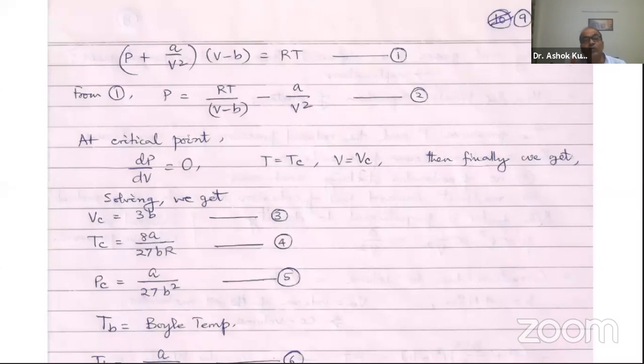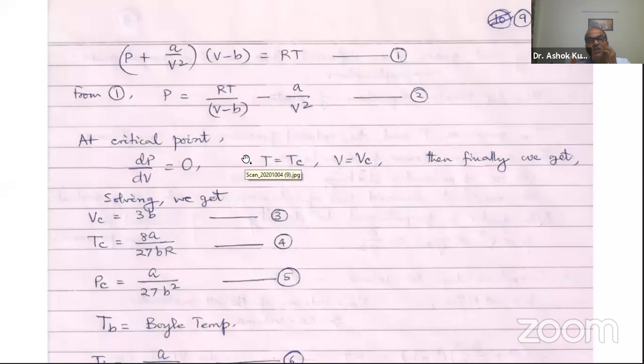So at the critical point, dP/dV is equal to 0. So we are taking the critical point. Naturally, at this point, the temperature becomes critical temperature, the volume becomes critical volume. Then, putting the values, what can we write? We write for these conditions.